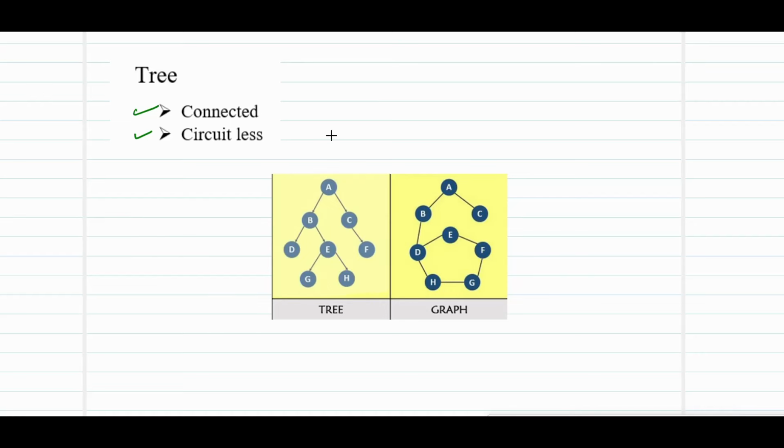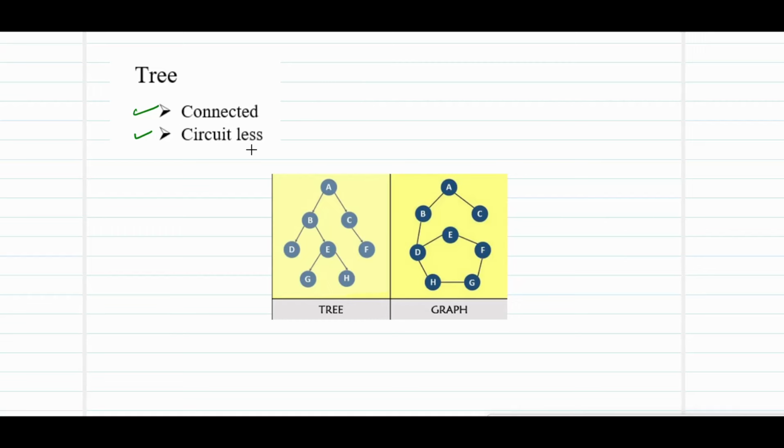If a path is available for moving us from one particular source to the other particular destination without any hindrance, a continuous alternating sequence of vertices and edges, that's what we refer to as a path. Then you call it connectedness.